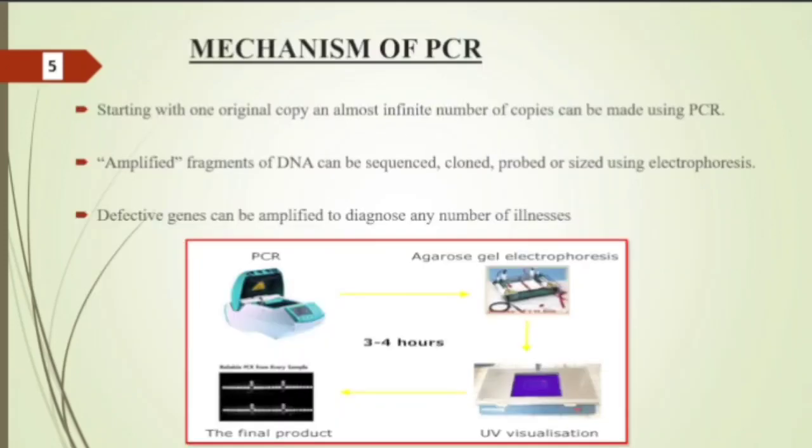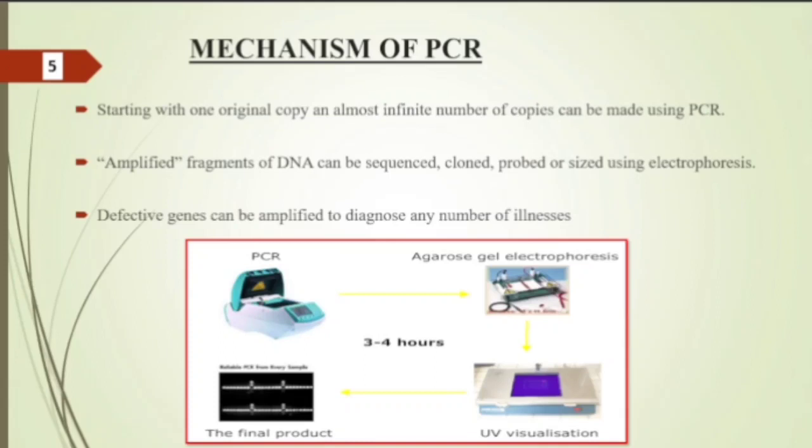Next, mechanism of PCR. Starting with one original copy, an almost infinite number of copies can be made using PCR. Amplified fragments of DNA can be sequenced, cloned, probed, or sized using electrophoresis.